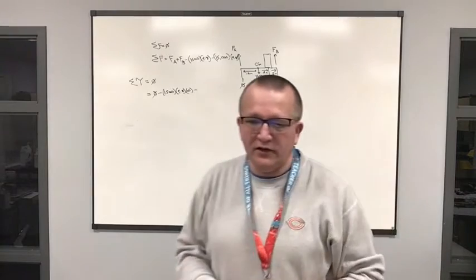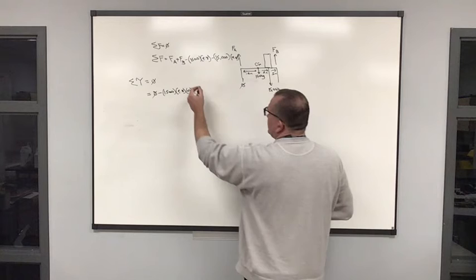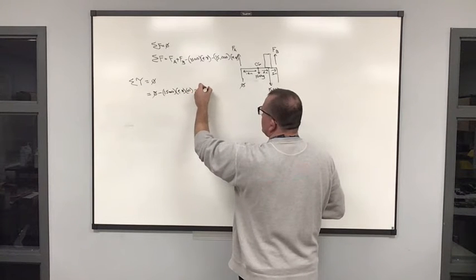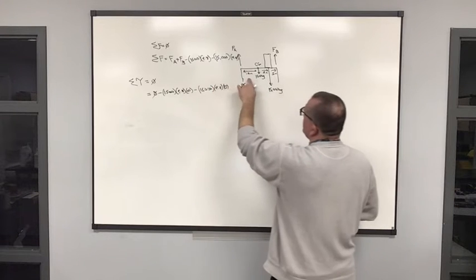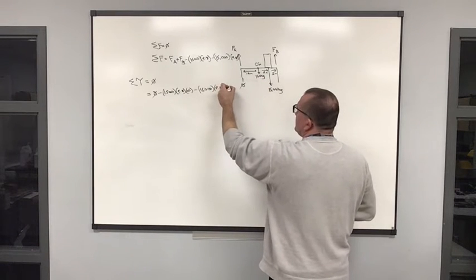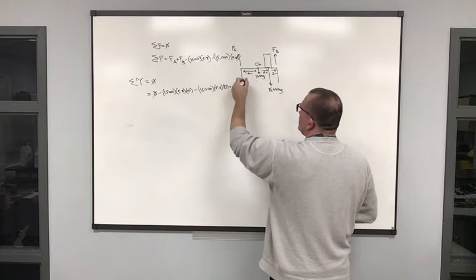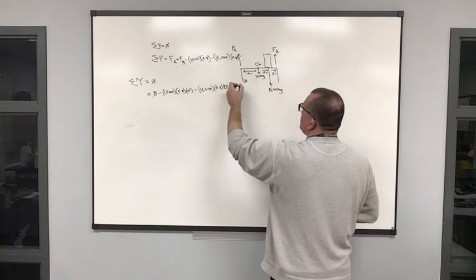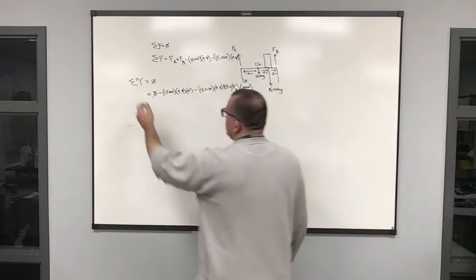And when I look at that one, it'll be 15,000 G times the distance of 15. So 15,000 times 9.8 times 15 meters, because it's 10 plus 5. And then force B is going to be FB times 20 meters. Since my net torque is 0, this is going to equal 0.